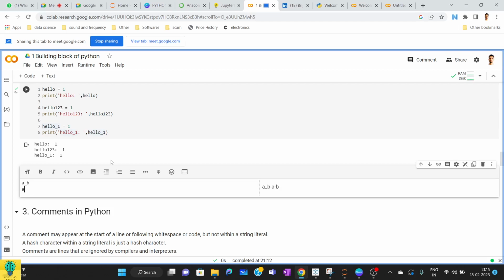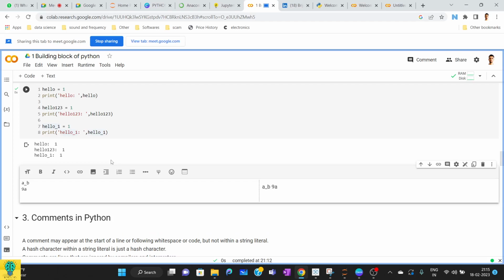Or a b minus, this is not allowed. If I have written something like 9a, this is not allowed. If I have written 9 capital A, this is not allowed, because we have to take care of just two things. You cannot start with a digit, and you cannot use any special symbols except underscore.